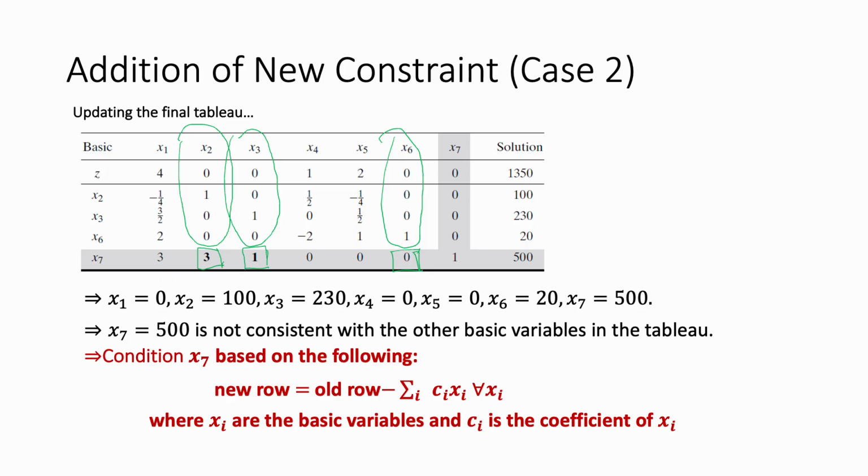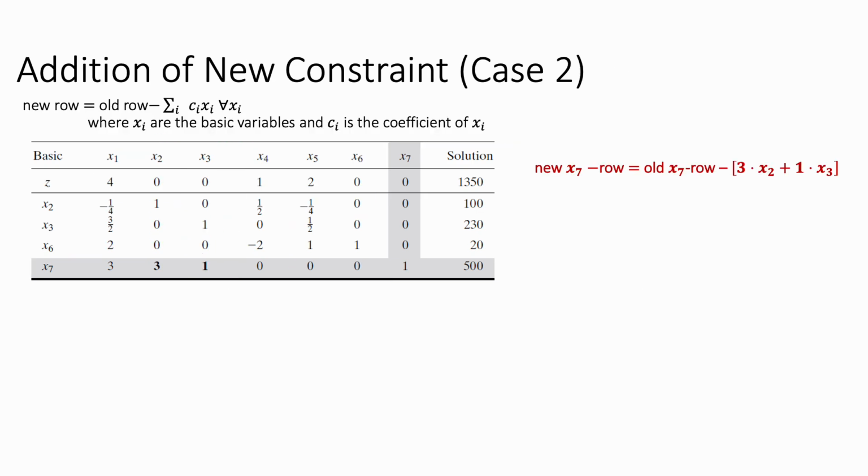So we will use this formula to update the row corresponding to x₇. Meaning we will aim to zero out 3 under x₂ and 1 under x₃. So we use this formula.